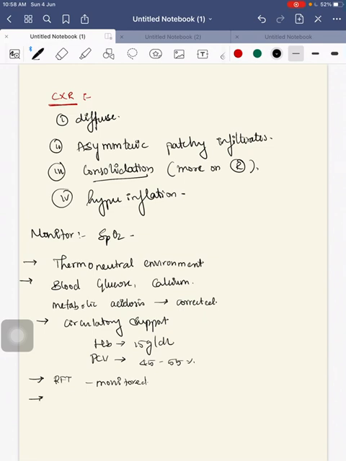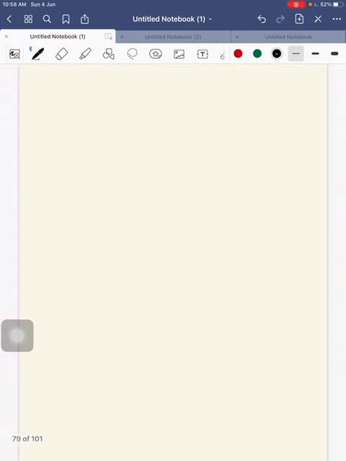Chest physiotherapy should be avoided because it can have the potential adverse effect of exacerbating PPH. So you should avoid chest physiotherapy. This is the normal monitoring or care of a neonate with meconium aspiration syndrome.